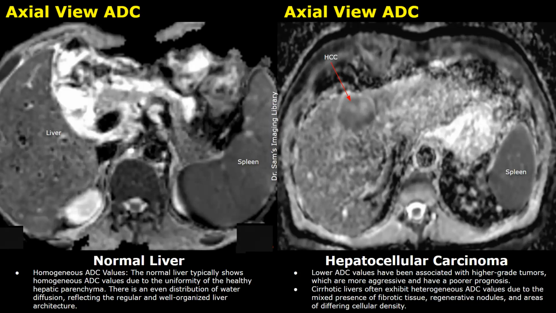Lower ADC values have been associated with high-grade tumors such as hepatocellular carcinoma. Cirrhotic livers often show heterogeneous ADC values because of mixed presence of fibrotic tissue, regenerative nodules, and areas of differing cellular density.